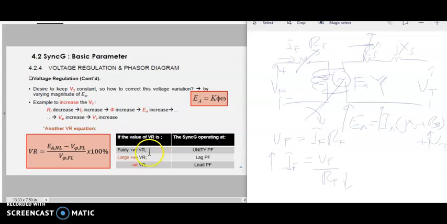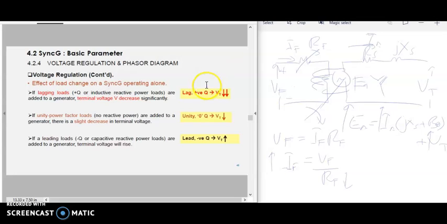If the value of VR is negative, it means the system is operating at leading power factor. So vice versa. Negative voltage regulation means you are operating at leading power factor, positive means unity power factor, and large positive means lagging power factor. That's what we have discussed previously.